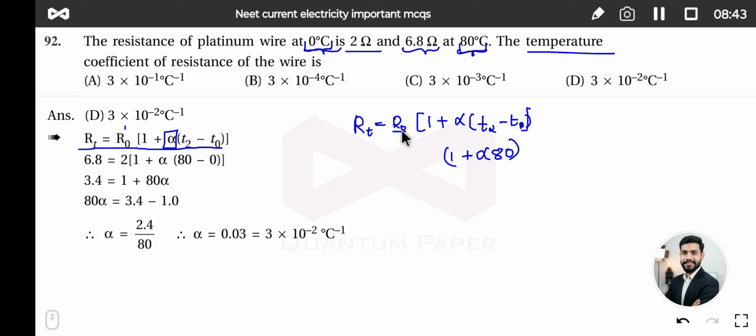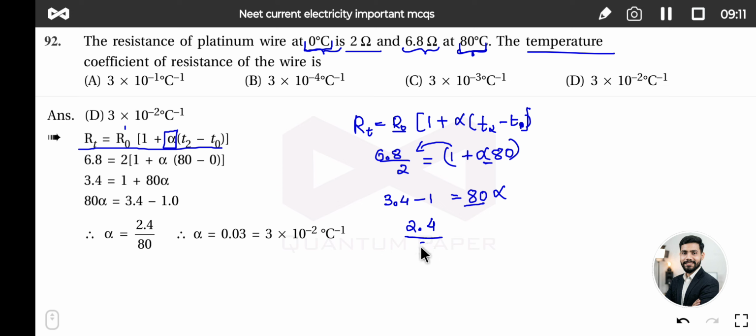And if we take this R naught in the denominator, it is equal to 6.8 divided by 2. So we have to find out this alpha. So this 1 will come here. 6.8 upon 2 is nothing but 3.4. Then if we take minus 1, it is equal to 80 alpha. So we required this alpha, so this 80 will go in the denominator. So 3.4 minus 1 is nothing but 2.4. So 2.4 by 80 is equal to alpha.